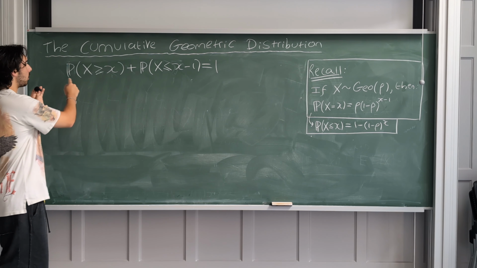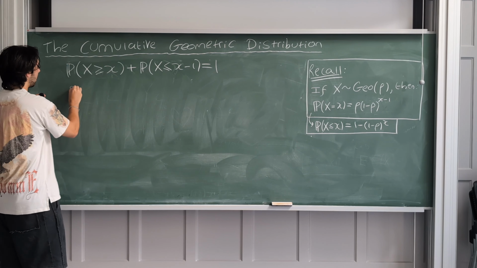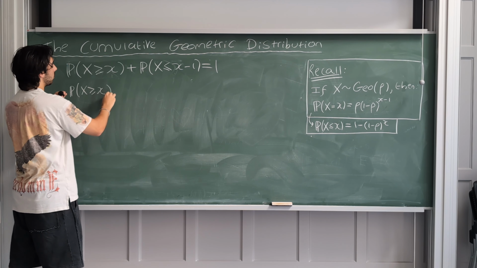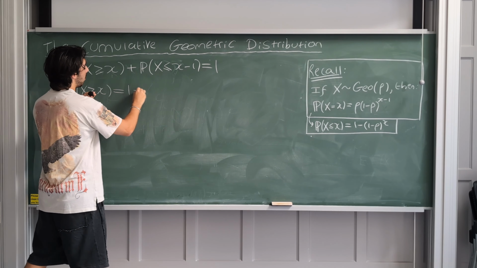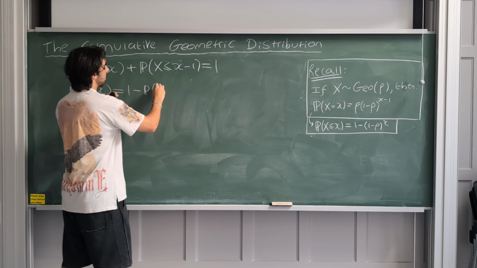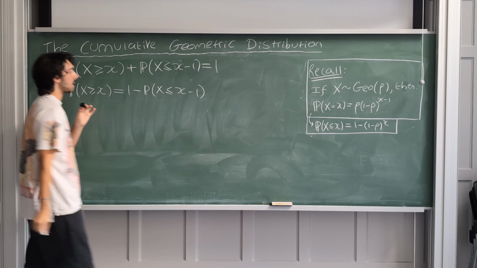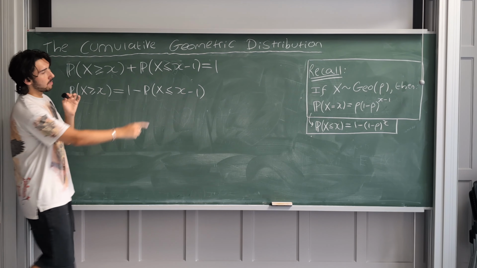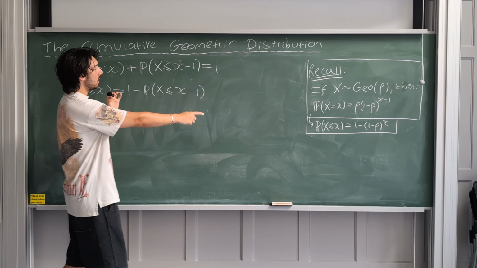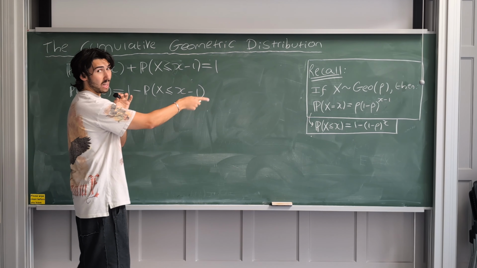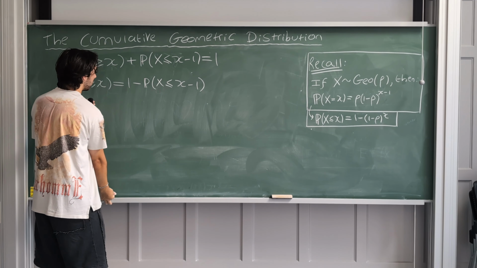But in general, we're looking for this. So we have that the probability that the random variable is bigger than or equal to x is 1 minus the probability that the random variable is less than or equal to x minus 1, like that. And actually, we basically just have a formula for this already. The only difference is that we have to replace the x in that formula with x minus 1, and then we're kind of done.